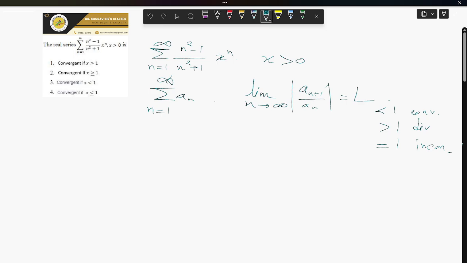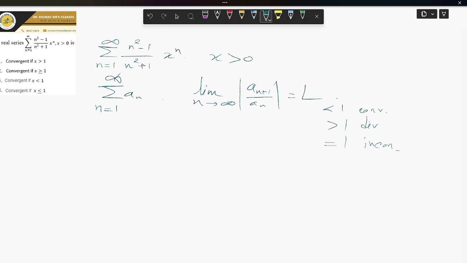So for the given series, the general term is a n equals (n square minus 1) upon (n square plus 1) into x to the power n. Okay, so now we are going to compute the ratio. So let me write with another color.